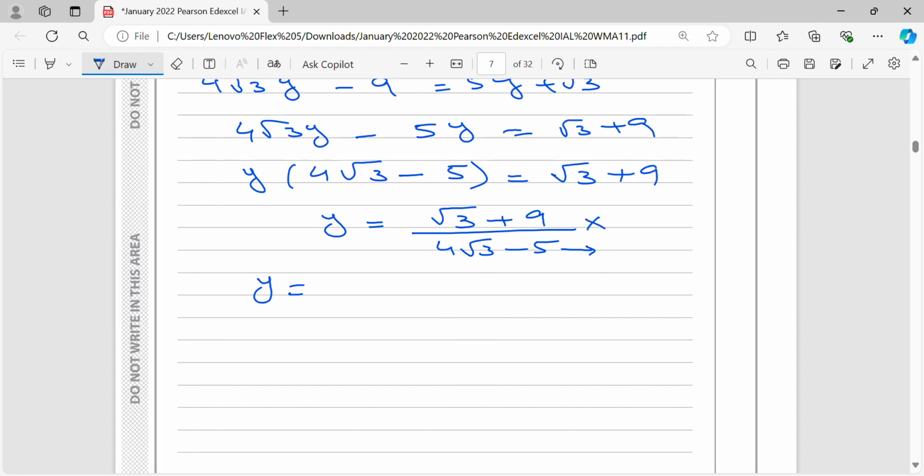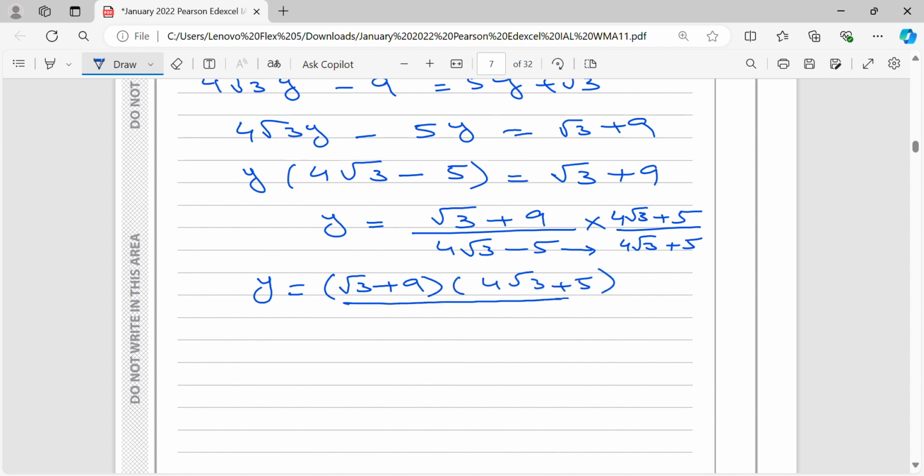Let's rationalize here. 4 root 3 plus 5 over 4 root 3 plus 5. Okay, so let's multiply numerator with numerator and denominator with denominator.